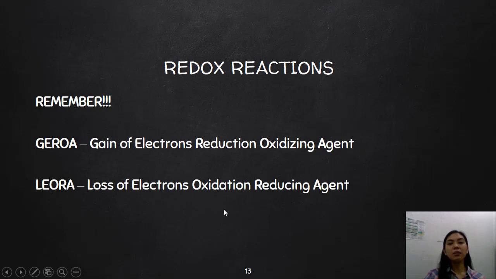Such that once you identify who underwent the oxidation or the reduction, you also know who gained or lost electrons, or which is the oxidizing agent or the reducing agent. So you have to remember GEROA and LEORA. I think this was already introduced to you before.